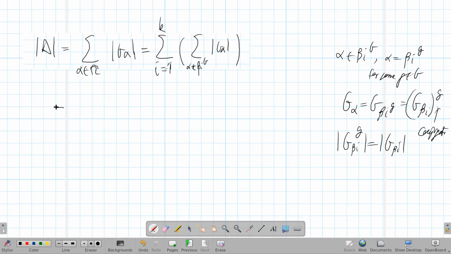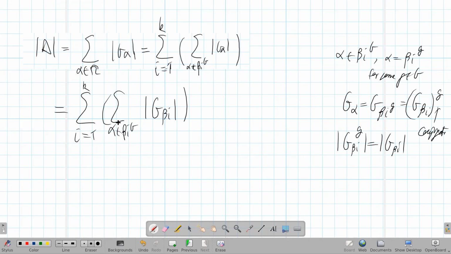So what we are finding is that this sum, for alpha in beta i to the G, has all these G alpha with the same order, which is the order of G beta i, for a fixed element in the orbit. But now look, consider the inner sum between parentheses, the sum over alpha of these things. But these things do not depend on alpha anymore. These are constant because we are in the orbit of beta i.